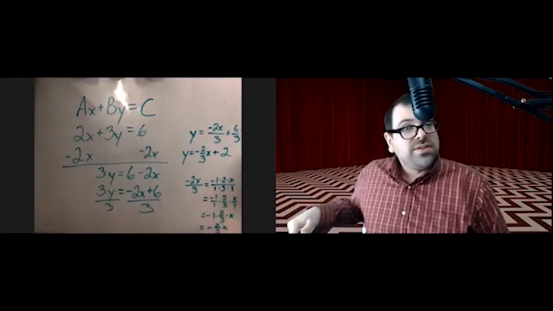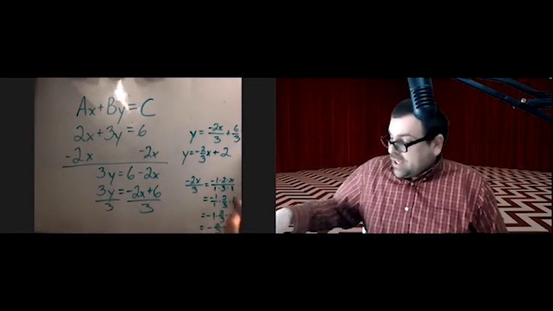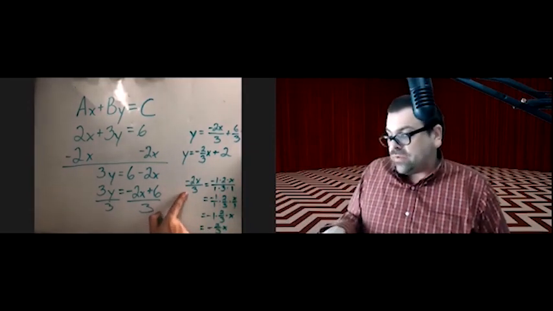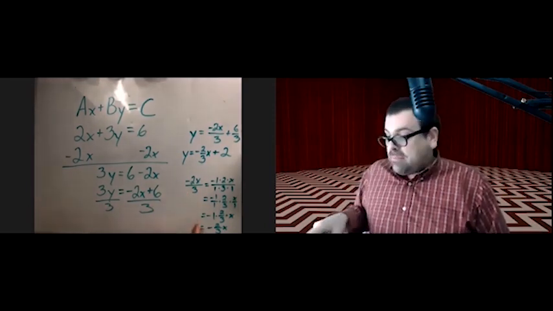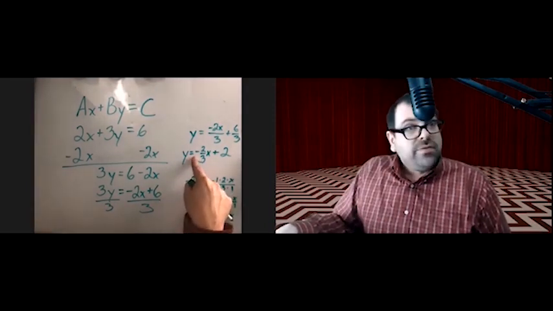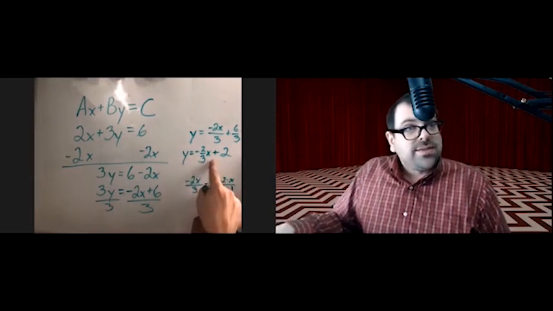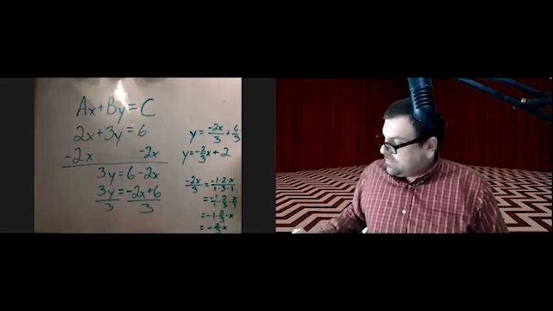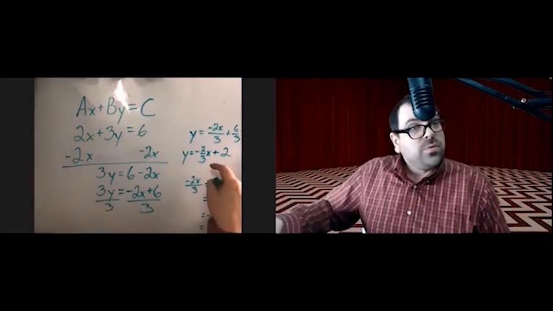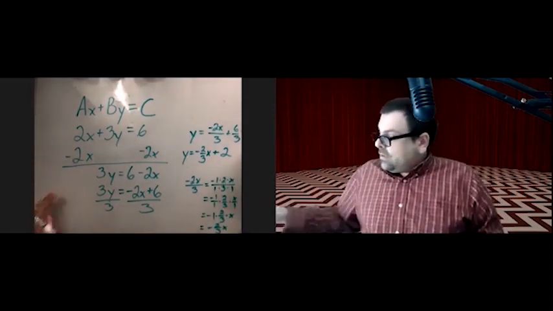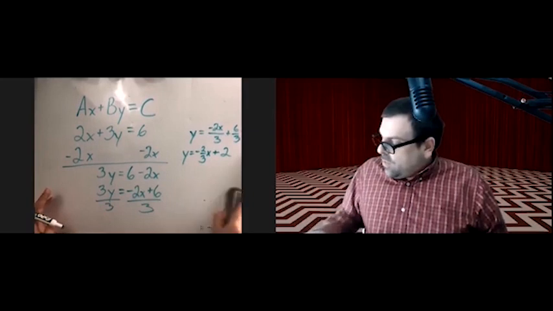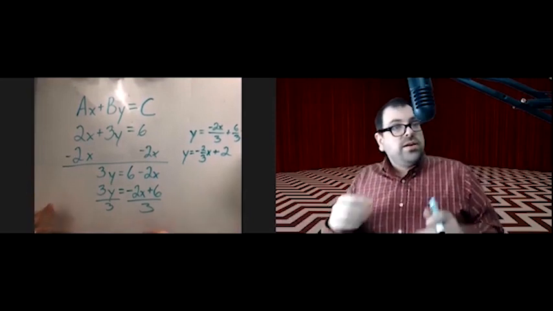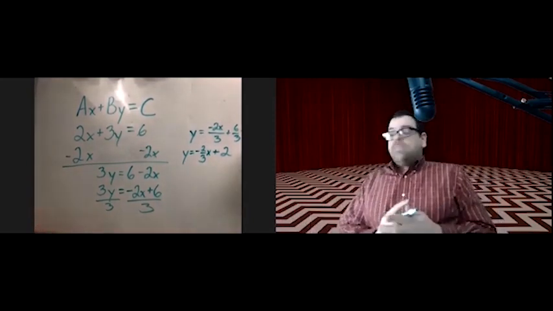We don't have to do all this work every time, because this is what's happening in the background. Whenever we see something like that, negative 2x over 3, we can just go ahead and make it a negative fraction with the x floating next to the fraction, because x over 1 is just x. Okay, why did we solve this for y? Well, we could have just started picking x's and plugging them in.